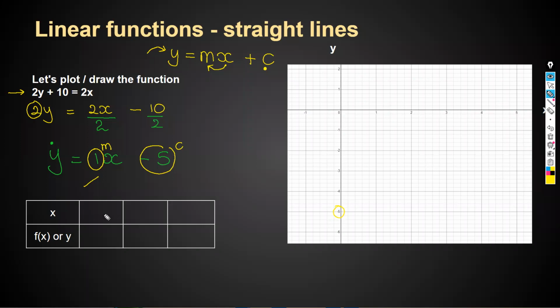So we have to choose 3 values for x again. Now, I think you all know the tricks. I have to choose something in between -1 and 5. So let me quickly choose something here. I'm going to choose 0 today. 1 and 3. So calculate the corresponding values for y now. You've got to use this equation.